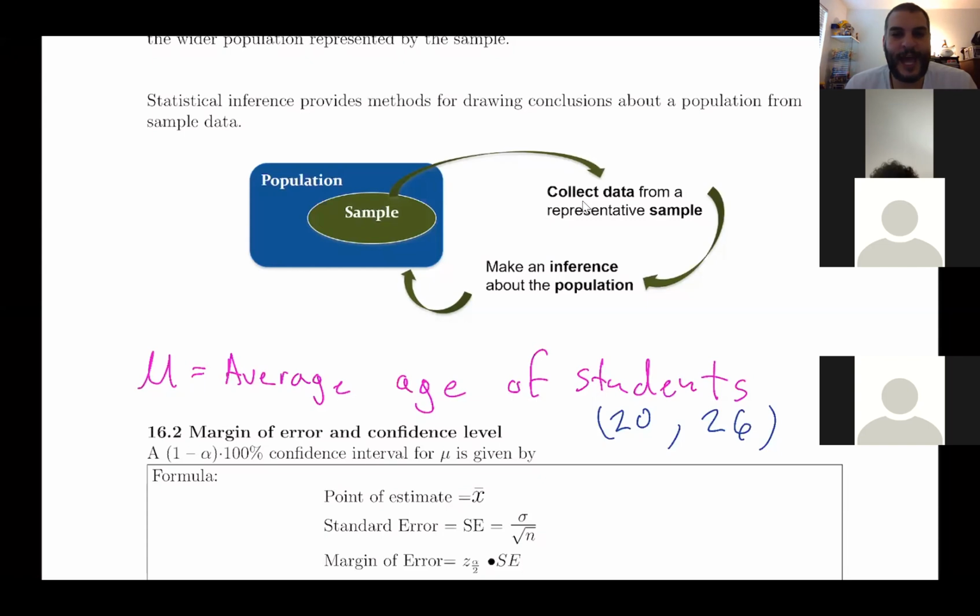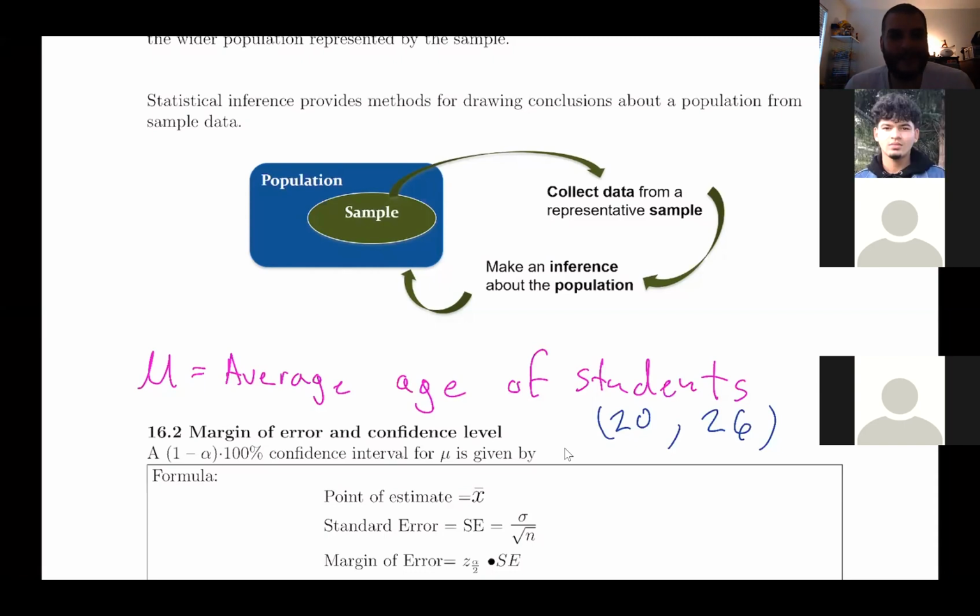And this is how we're going to use the confidence interval, because the confidence interval is telling us it could be anywhere between 20 to 26. So it could be possible that the average age of the students in Dominguez Hills could be 24, or it could be 25. And that's what the confidence interval is telling us. It is telling us the average age.